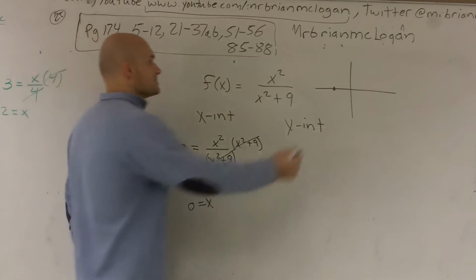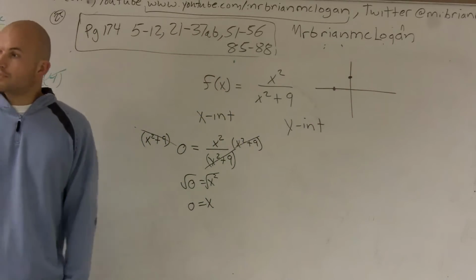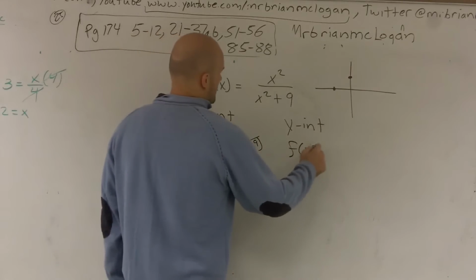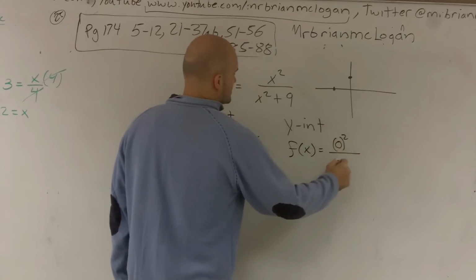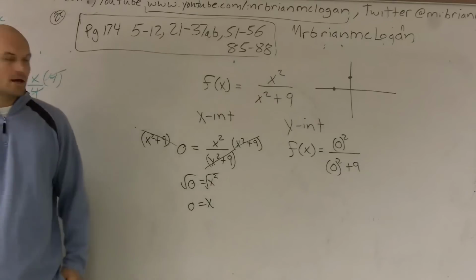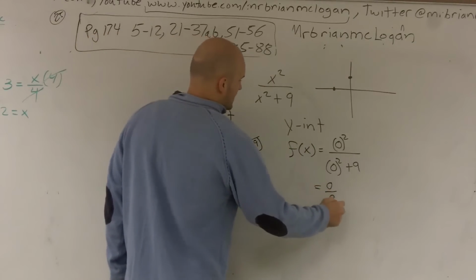Now, the y-intercept is when my x value equals 0. So you're going to plug in 0 for x. So I say f of x equals 0 squared all over 0 squared plus 9. And what you will notice is this becomes 0 over 9.